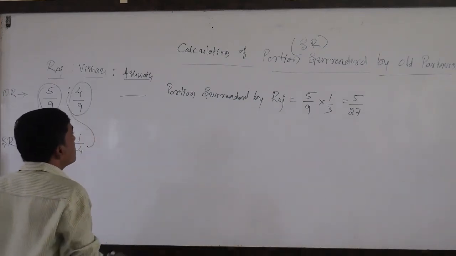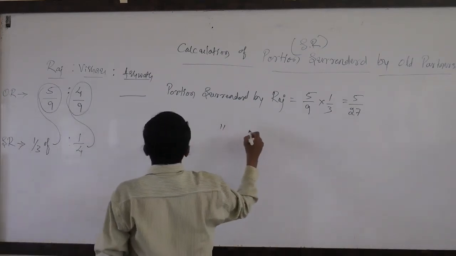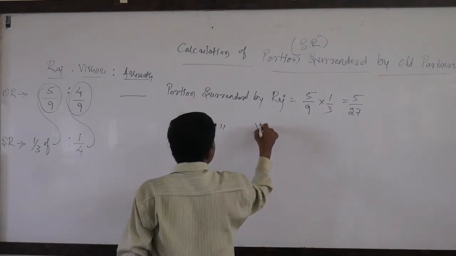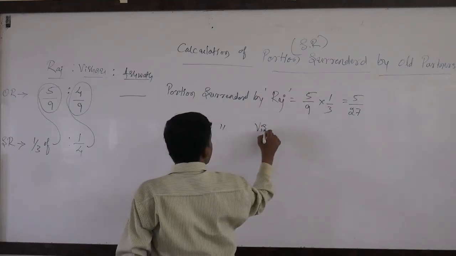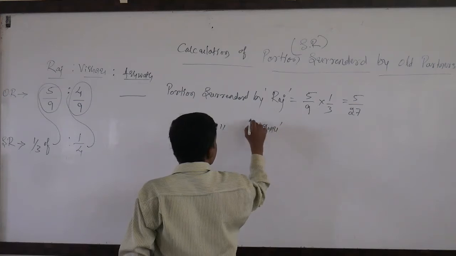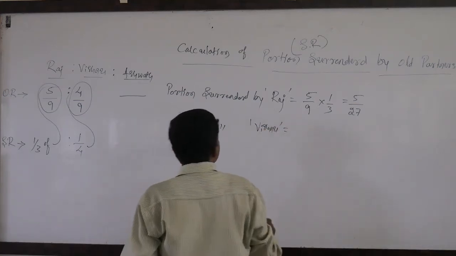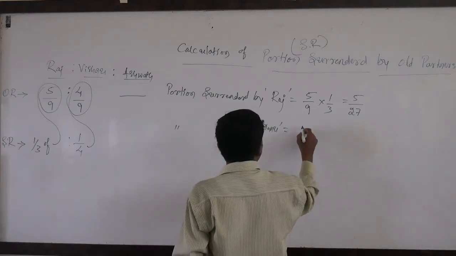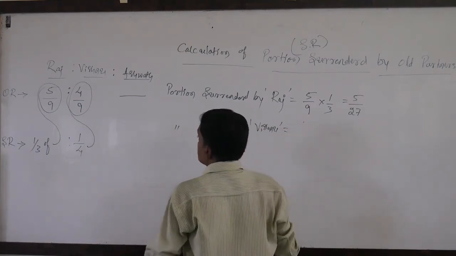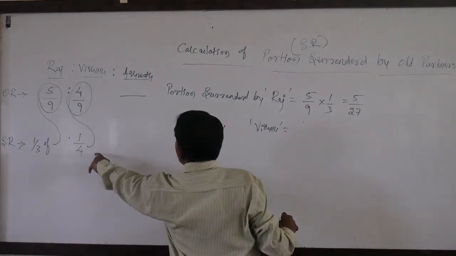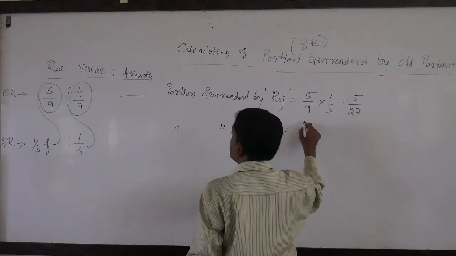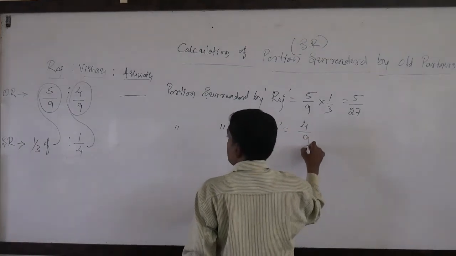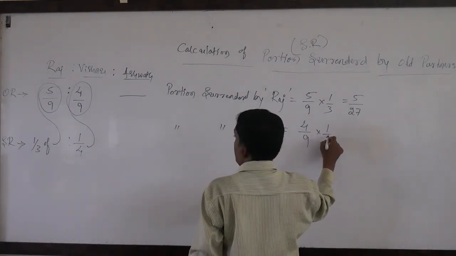Next, the portion surrendered by Vishnu: he agrees to surrender 1/4 of his share. That means 4/9 into 1/4.